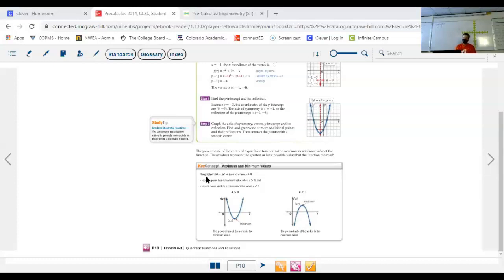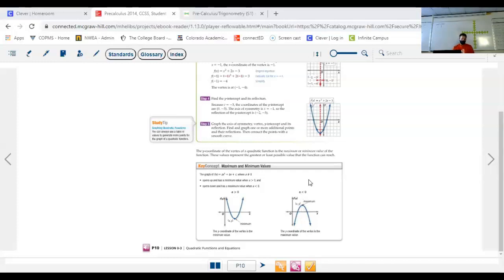If we have a negative A value out front, then we have a maximum. This is the highest point of our graph. All of our other y values are going to be less than it. It also determines whether our graph opens up, for a positive A value, or opens down, for a negative A value.